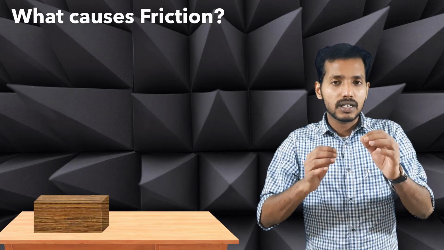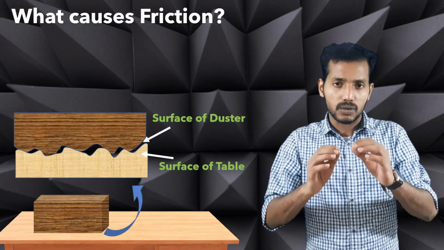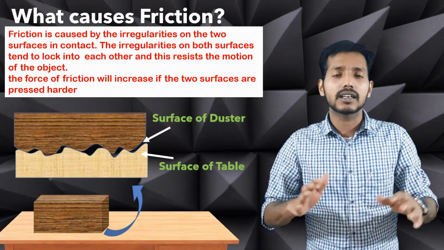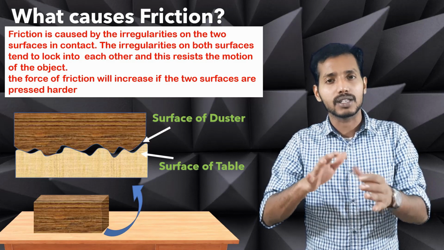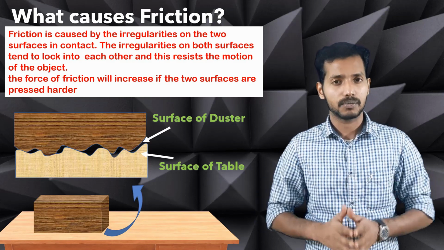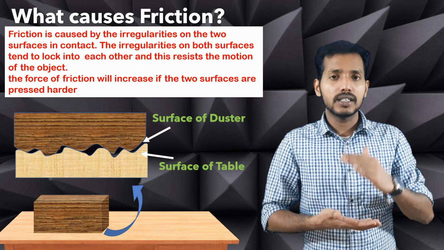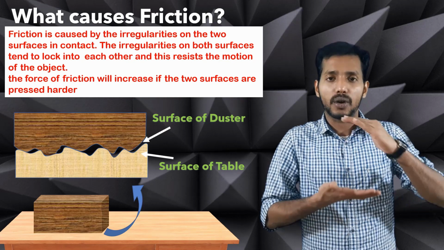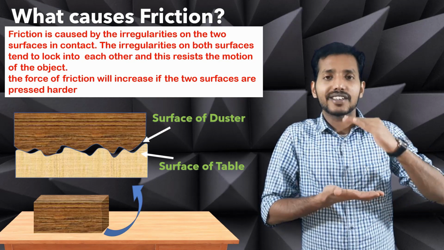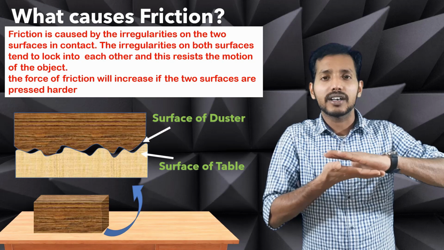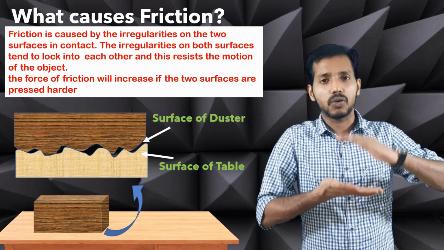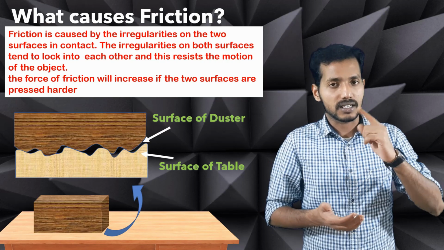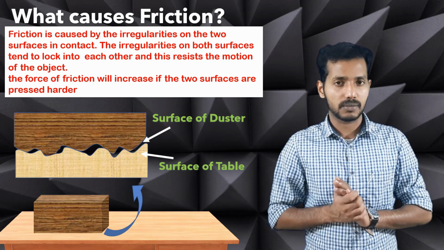If we examine the surfaces of the brick and table with a microscope, we can see that there are a lot of irregularities on the surface of the table as well as on the surface of the brick. When these two surfaces come in contact with each other, these irregularities tend to lock into each other. In this way, it opposes the motion of one object sliding over another object.